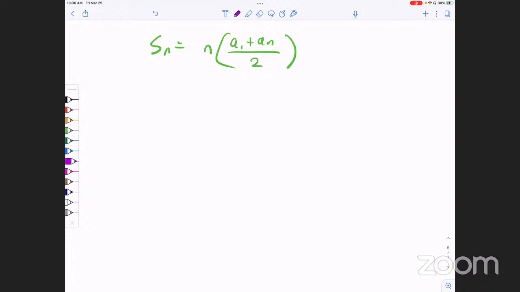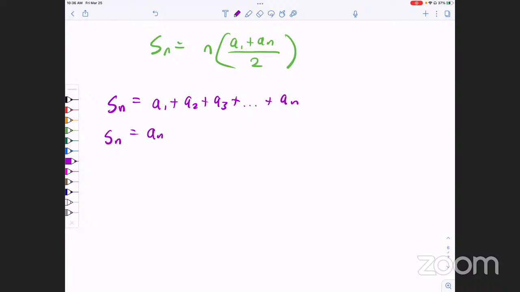So say we consider the sum of the first n terms of an arithmetic sequence. We're going to add a1 plus a2 plus a3 until we get to an. We want to take that same sum and just reverse the order, but still add them up.